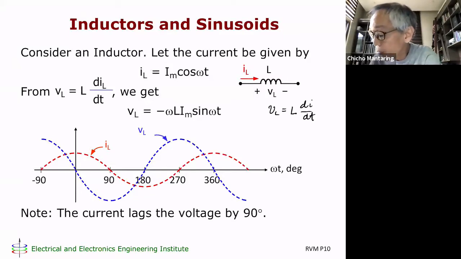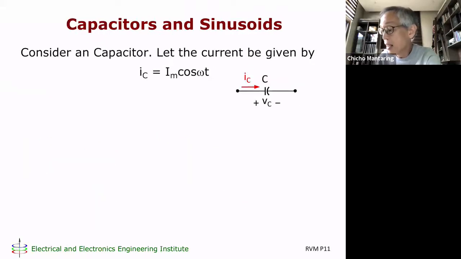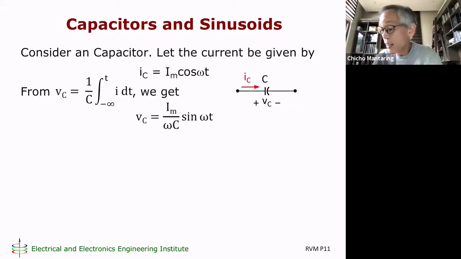If you take a look, the difference between the zero crossing here and the zero crossing there, that's 270 minus 180, that is 90 degrees. And if you consider your capacitor, again, let's say this is your current through your capacitor, it's a sinusoid. Ano yung voltage across your capacitor? It's an integral.